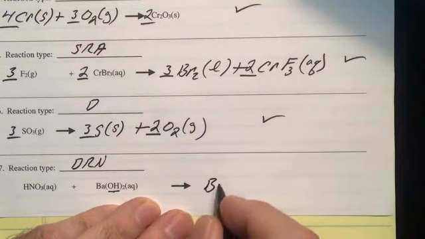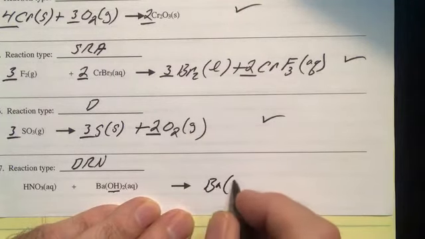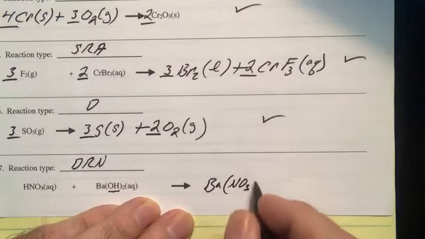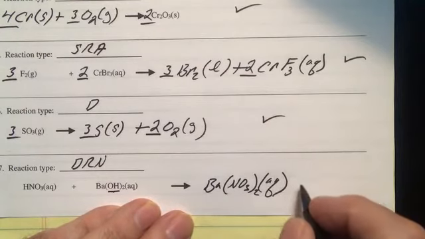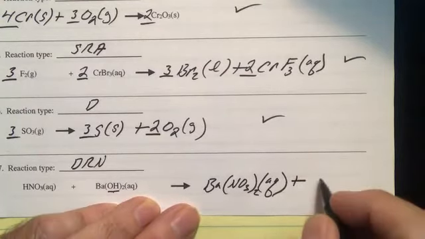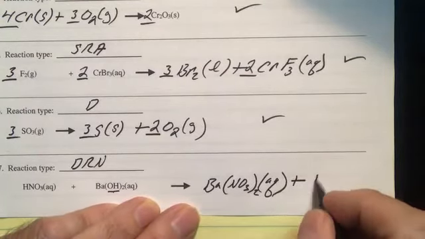Barium has a positive 2 charge, nitrate has a negative 1. It'll be aqueous. Remember, unless told otherwise, ionic compounds are aqueous. And water. So anytime an acid reacts with a base, it'll form an ionic compound and water.